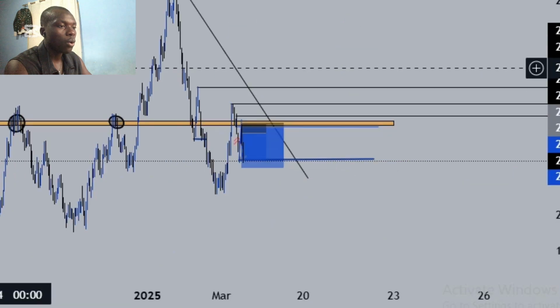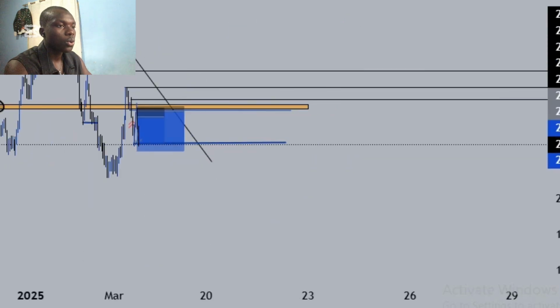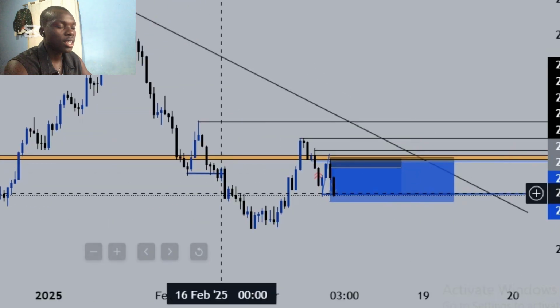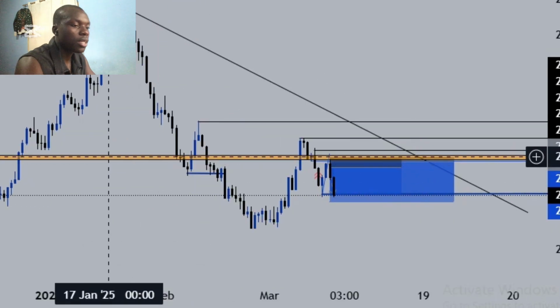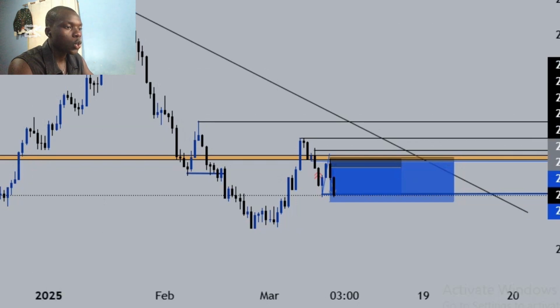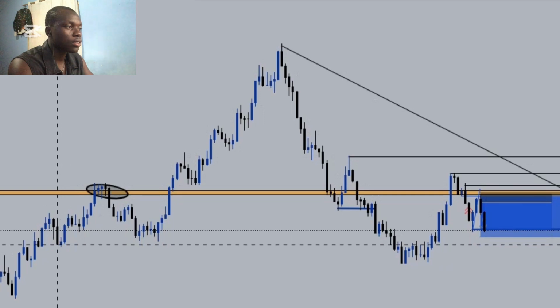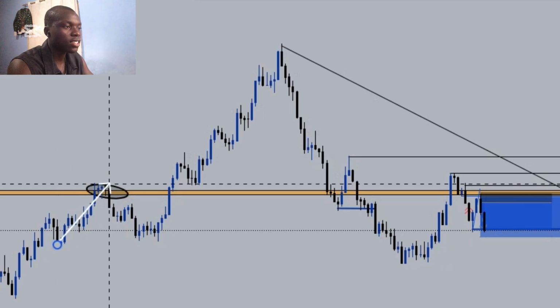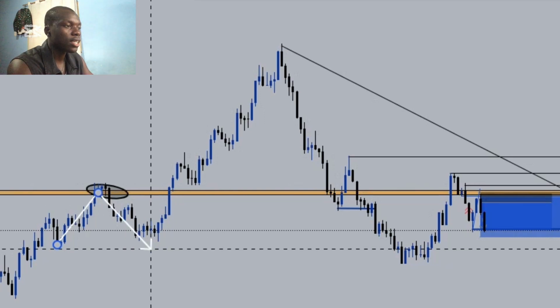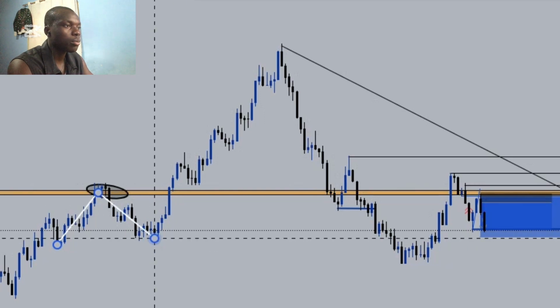So let's move forward. It breaks the point, that point we can see there. Let me delete this one now and go more. So it finally breaks that resistance, the resistance that has been holding. The market finally breaks it, retests on it, and you can see there is a push.